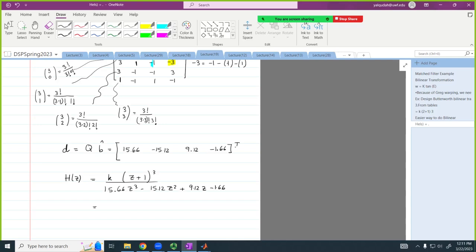Okay, so therefore, k multiplied by (z plus 1) cubed over z cubed minus 0.96 z squared plus 0.58 z minus 0.106, which is similar to what we got in the previous example.